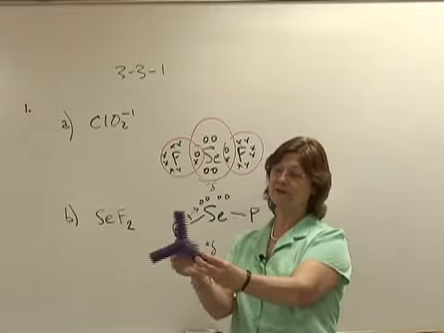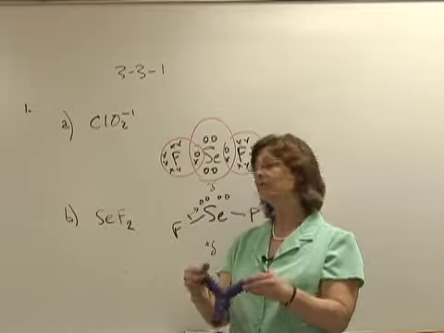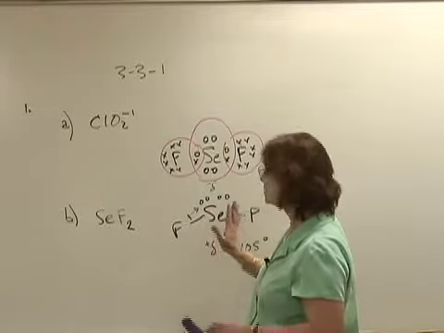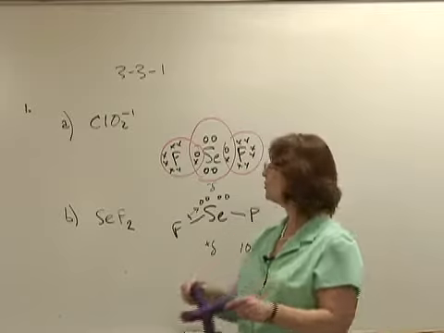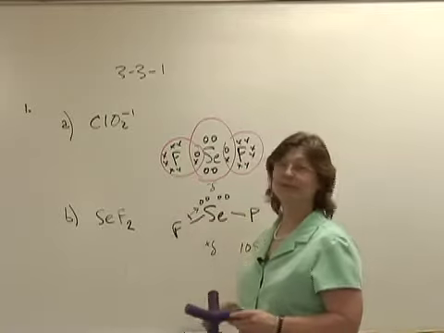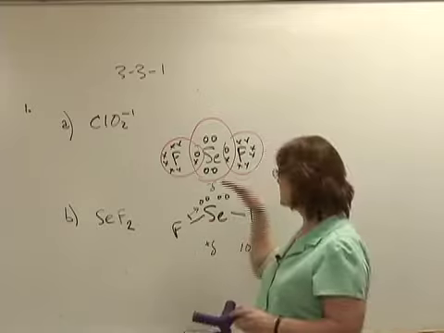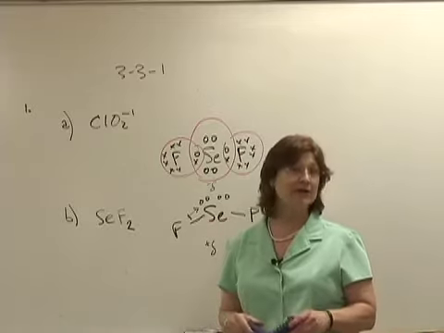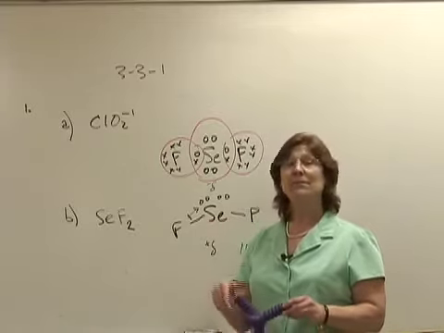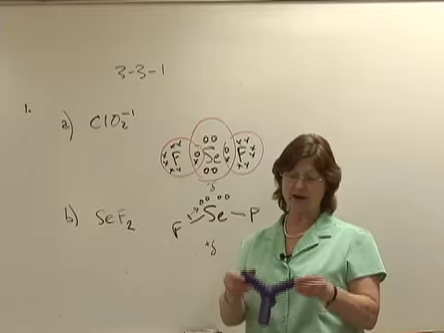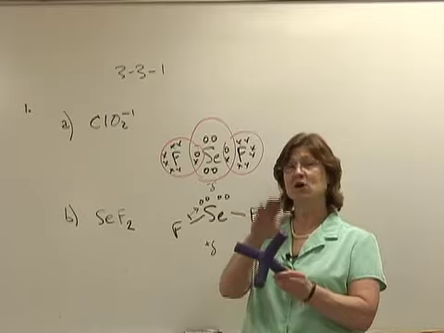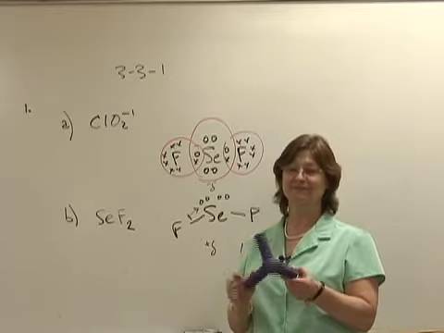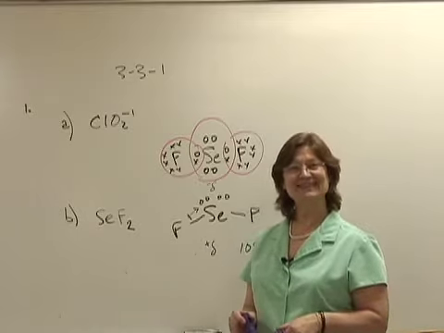So whether it's above or below, we must recall that this is a 2-dimensional representation of a 3-dimensional item. And therefore, I write them on the same side. If you were to draw it with one on top and one on bottom, that would be fine in a two-dimensional representation. But you need to be aware that in a three-dimensional, the actual molecule, the lone pairs are on one side or the other. And I'll be right back.